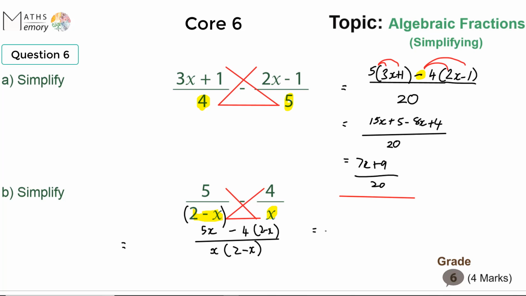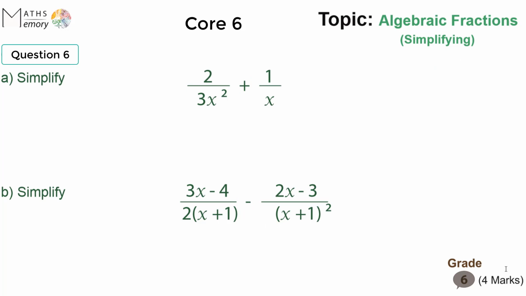So this simplifies to give you 5x minus 8 plus 4x, and that's all over the same denominator over here, which is going to be x, open brackets, 2 minus x. The final answer is going to be 9x minus 8 all over x, 2 minus x.